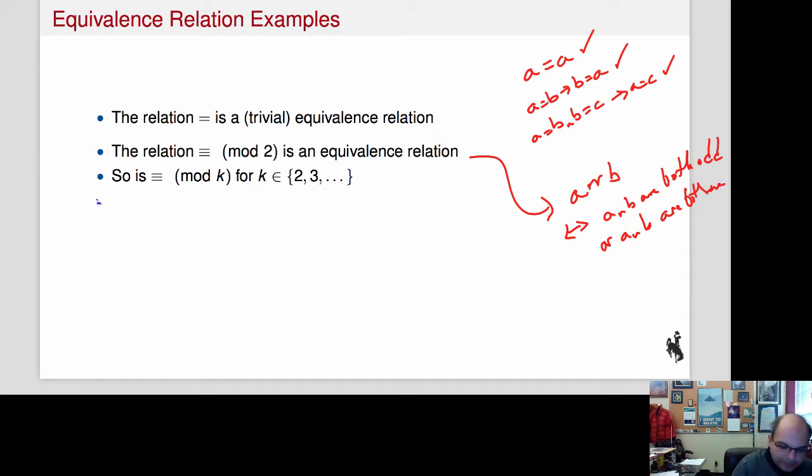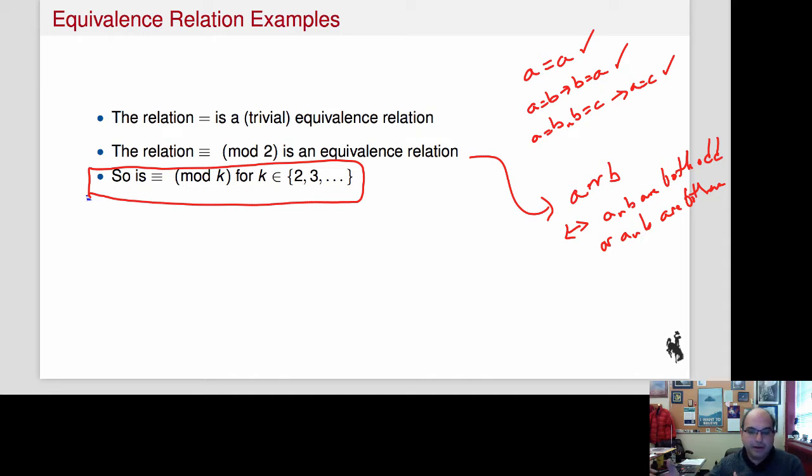That also holds for equal mod K. Mod K just means they have the same remainder modulo K, so modulo 5, modulo 7, modulo 8. And in all of those cases, equal modulo that number is an equivalence relation.